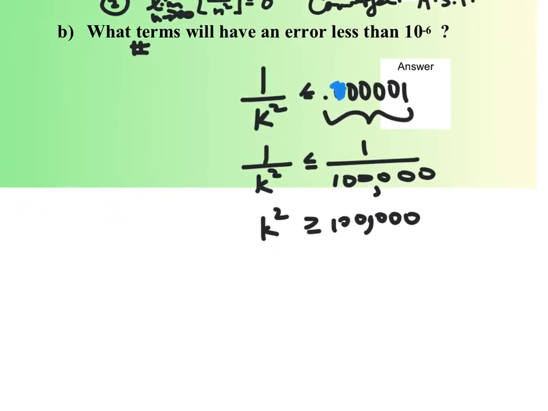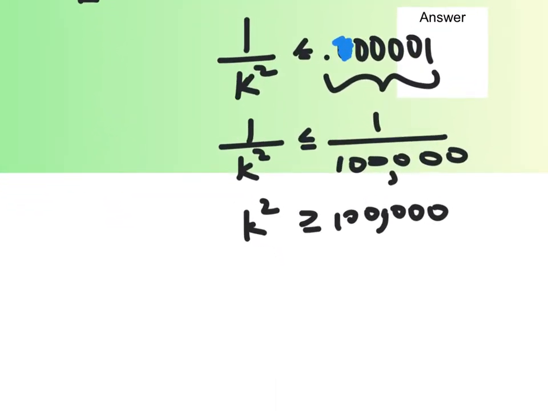When I flip and take the reciprocal, that means I want k squared to be greater than or equal to 1,000,000. Therefore k would have to be greater than or equal to 1000. In order to get that kind of error or less, I'm going to have to go out at least 1000 terms.